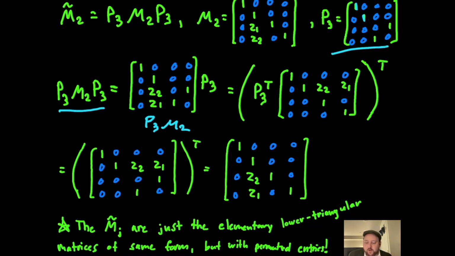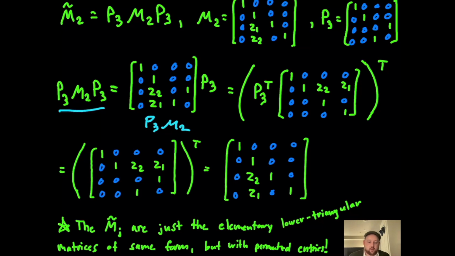I'm showing you the case where I swapped the fourth and the third row. I could have instead chosen the example with 1 and 1 here, but then this whole matrix is just the identity, and that's boring. So I've chosen to show you the interesting case.